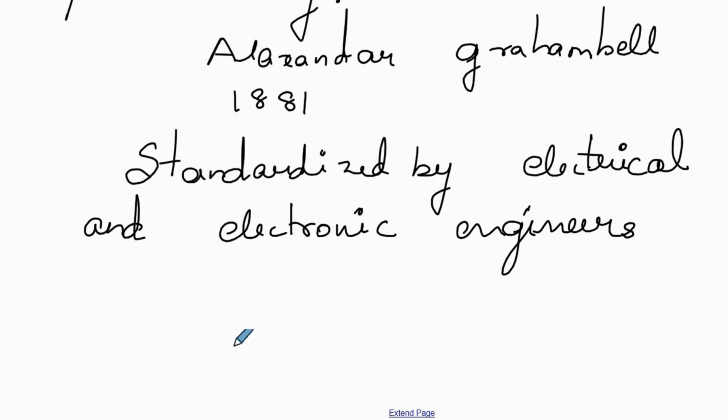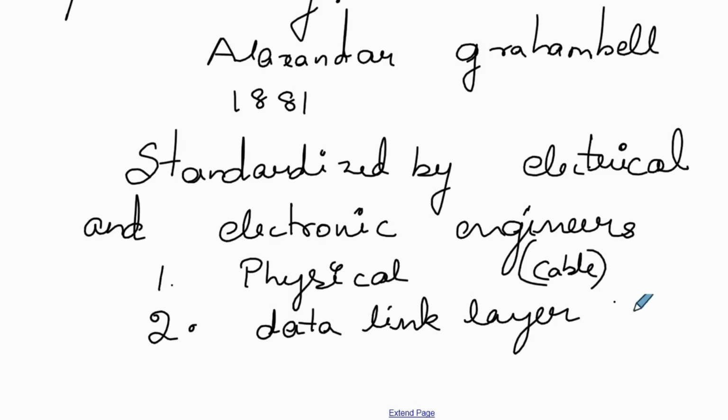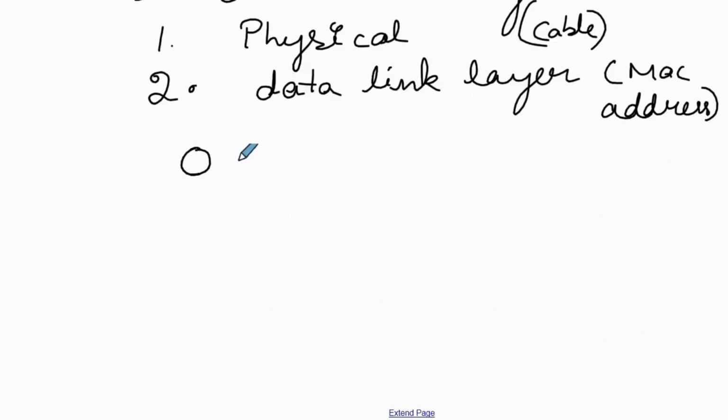In the physical layer it is connected as a cable, and in the data link layer it is defined as a MAC address. These two layers are the first two layers in the OSI model.